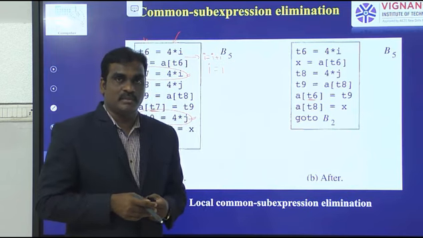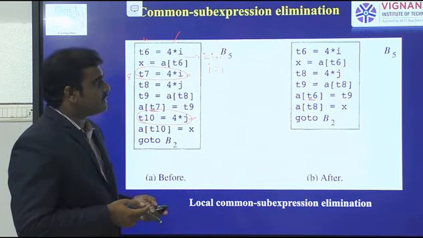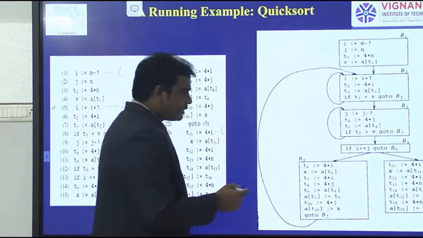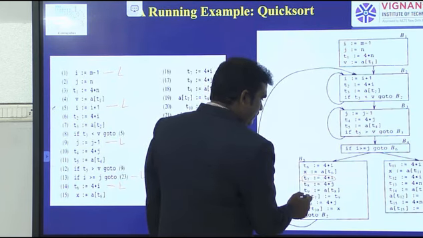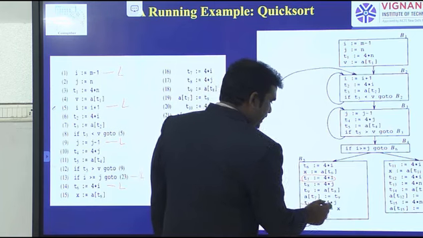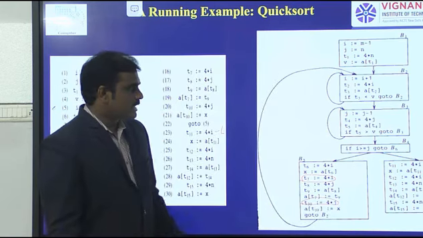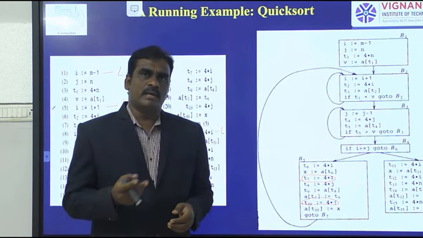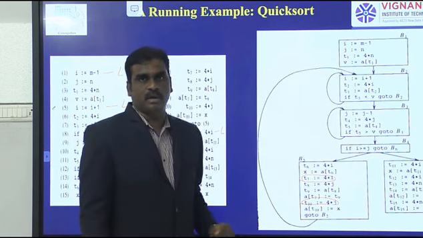And the next one is global common sub expression. Global common sub expression means, suppose in this case we removed T7 and then T10, and same way in block 6 also. Now global means compared from one block to another block.